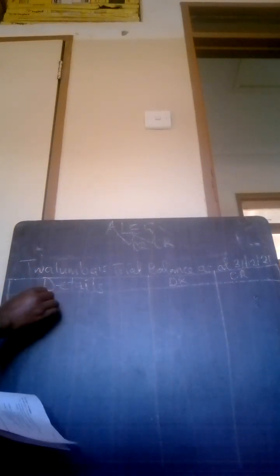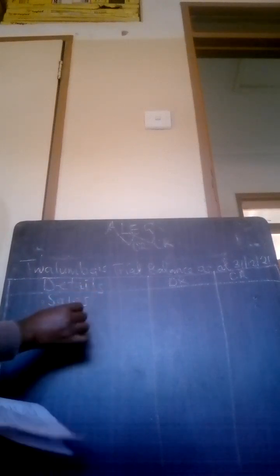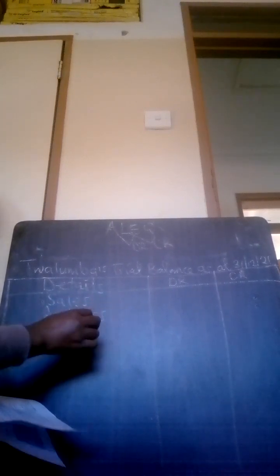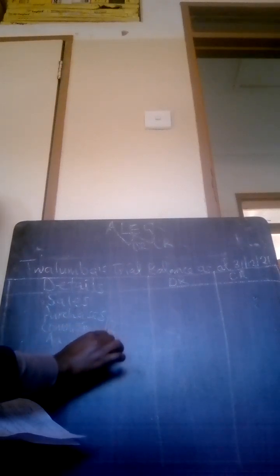So now we'll start putting the details so that we can balance this one. So the first entry was sales. The second one was purchases. We also have commission received. We also have advertising. We also have carriage outwards.